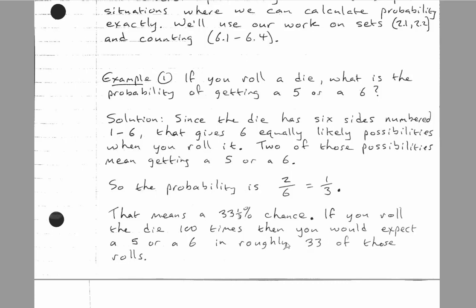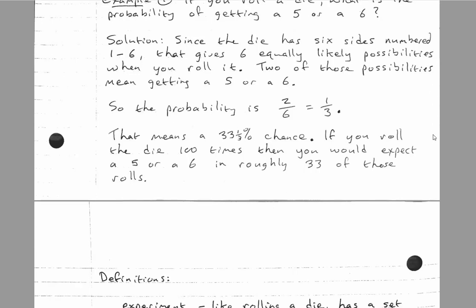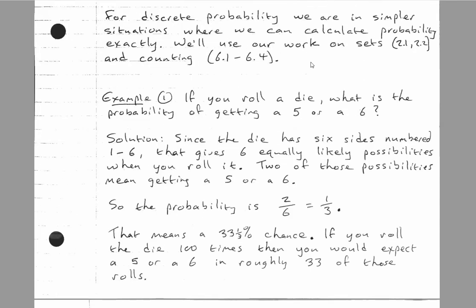It won't be exactly, it can't be 33 and a third, but we're getting into some sophisticated ideas here, expected values, laws of large numbers, but you see the idea. All right, so that's a good example to have in mind.